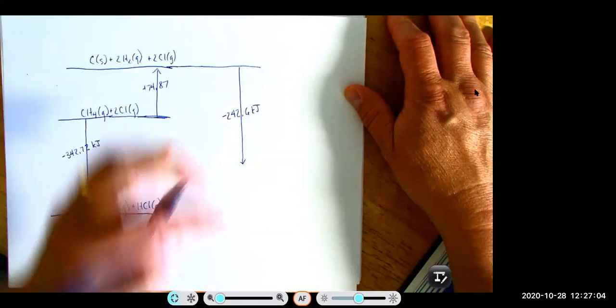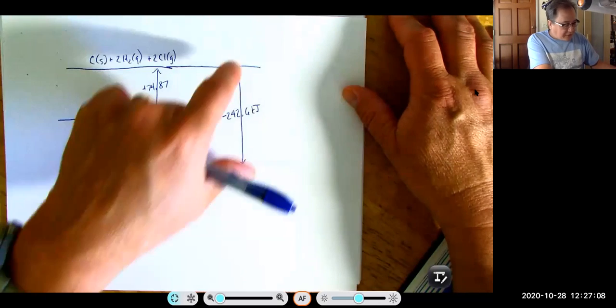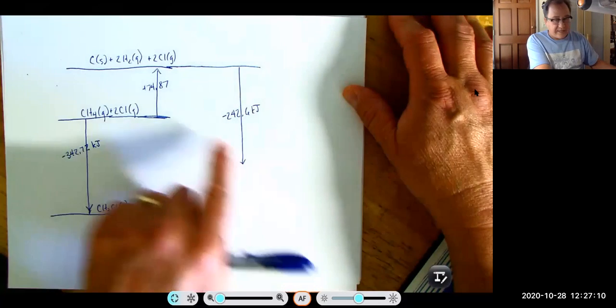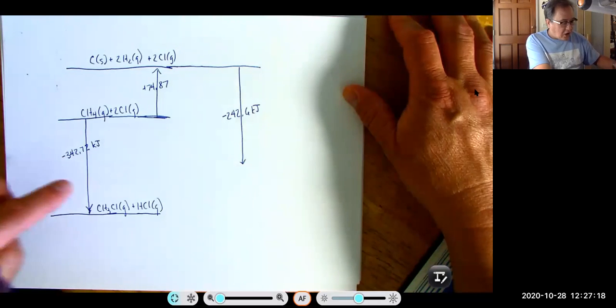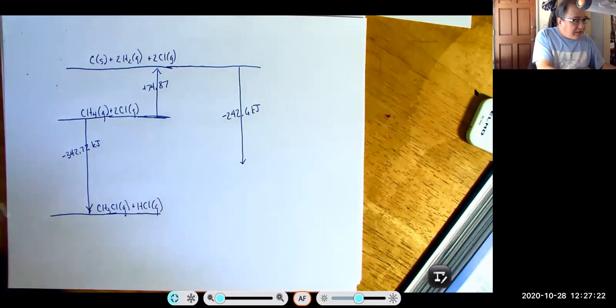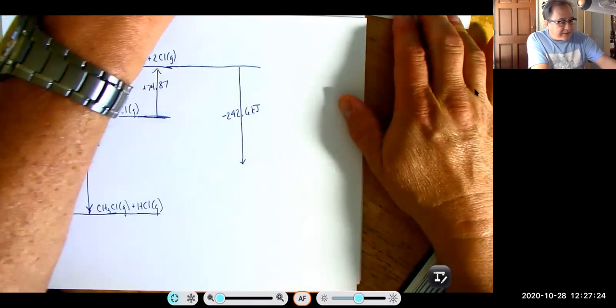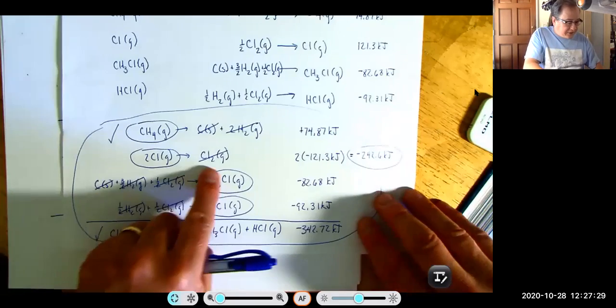And notice this arrow is longer than this arrow because this arrow is 74 long. This one's minus 242, so it's got to be longer than that. You'll also notice I'm not trying to make this proportional at all. I'm just trying to show relative lengths, like this is longer than that. Okay, so here we go from our two chlorines to Cl2.